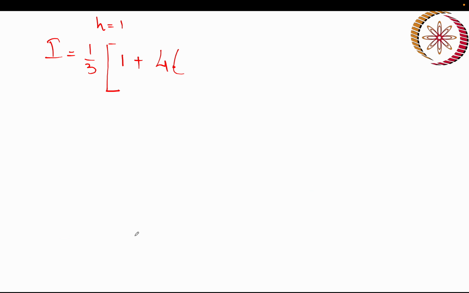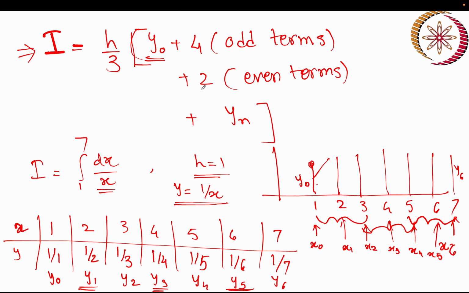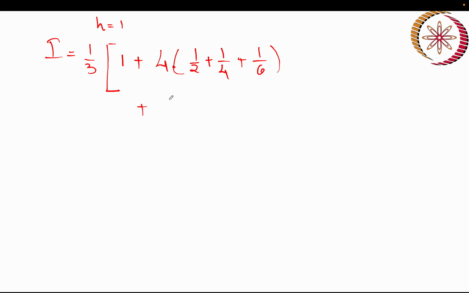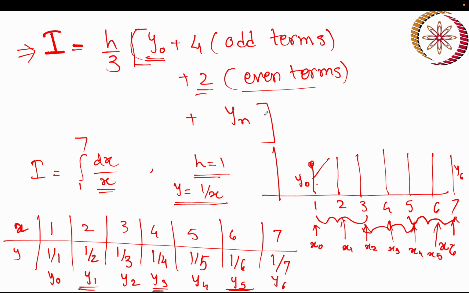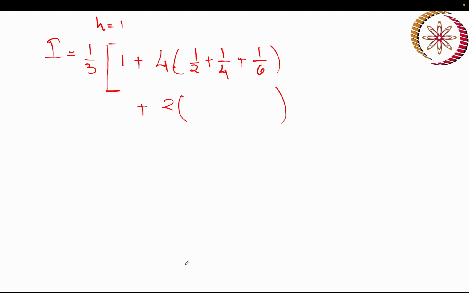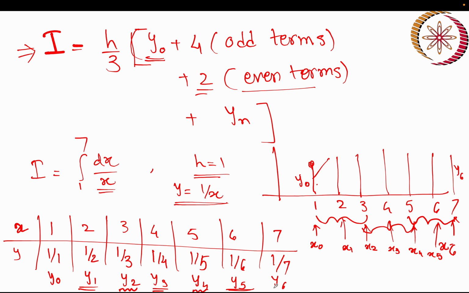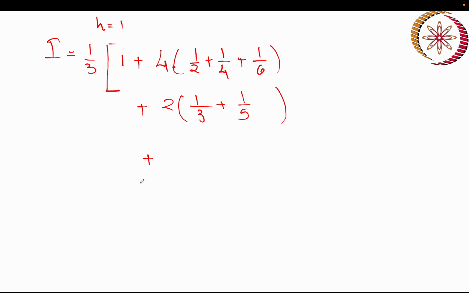So y1 is half, y3 is 1 by 4, and next is 1 by 6. Then we take 2 into the even terms, y2 and y4. y2 is 1 by 3, y4 is 1 by 5. And y6 is 1 by 7.